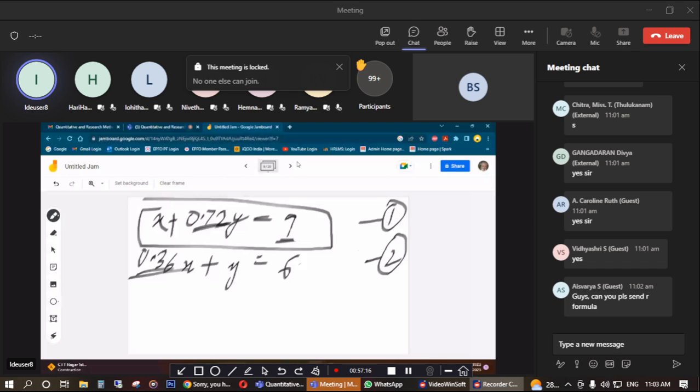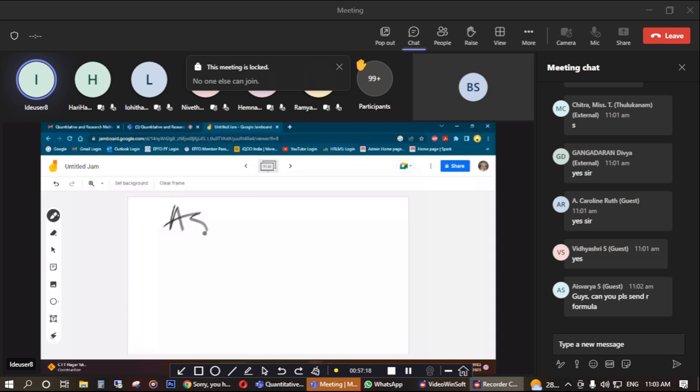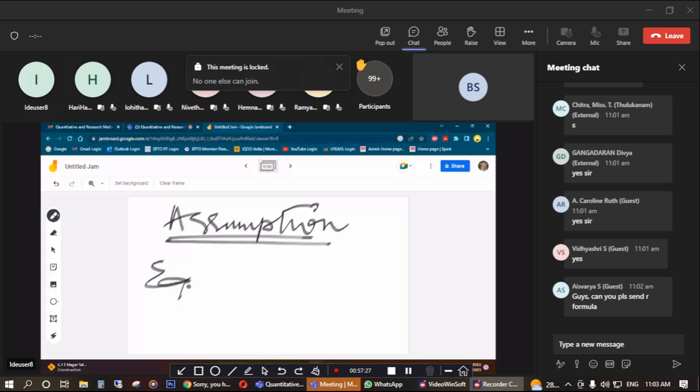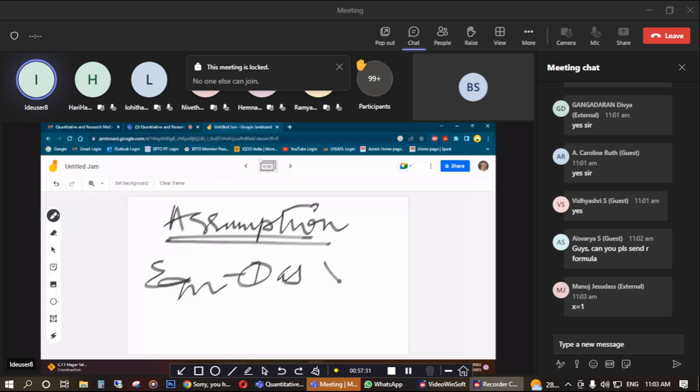First I have to make an assumption. What is the assumption? I am going to consider equation 1 as x on y. It is very important that you make this assumption.